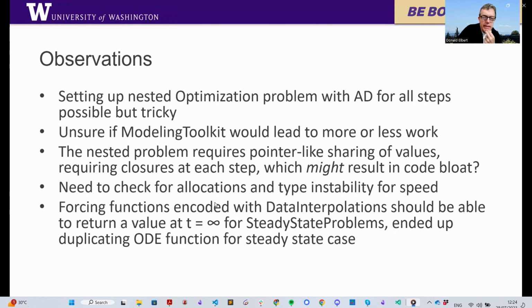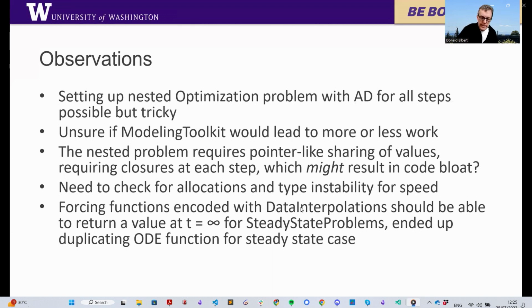There was definitely need to check allocations and type instability. The guidelines for performance in Julia are very clear in the documentation. It's just that the examples that are used throughout violate those rules. So it would be nice to put that kind of more upfront within SciML itself.